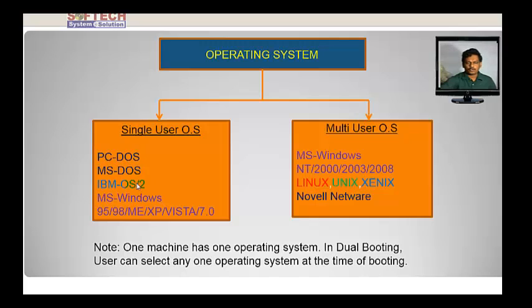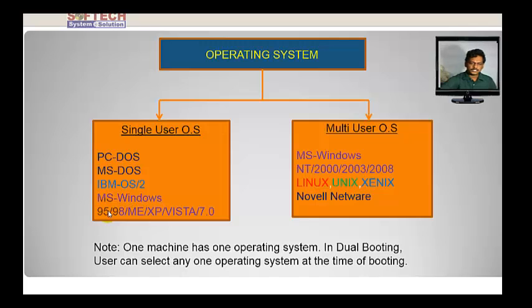IBM OS/2 is a graphical user interface operating system developed by IBM. Then Microsoft released Windows, a graphical user interface operating system.